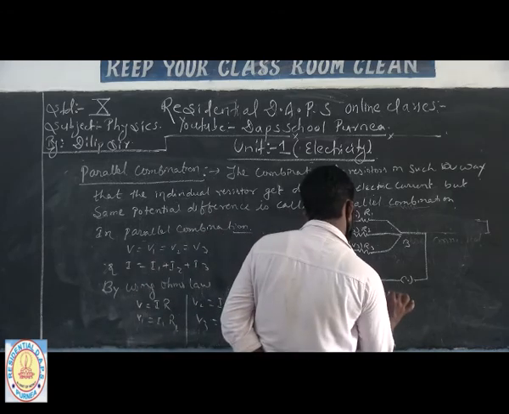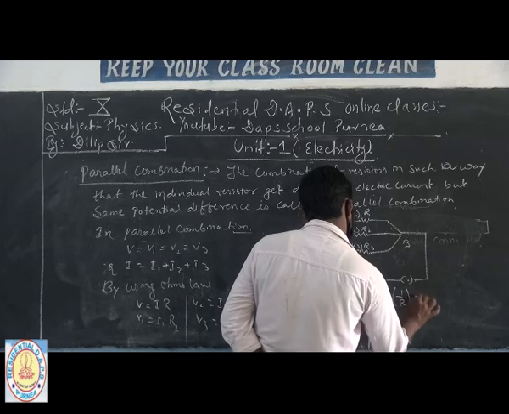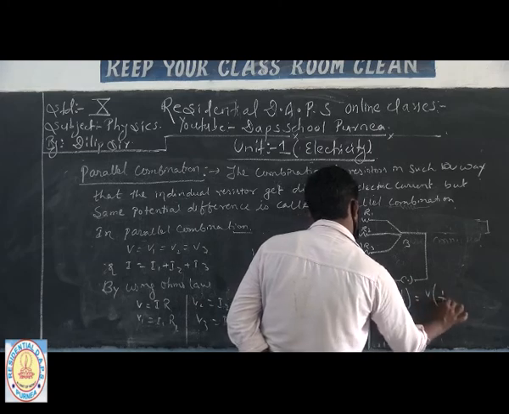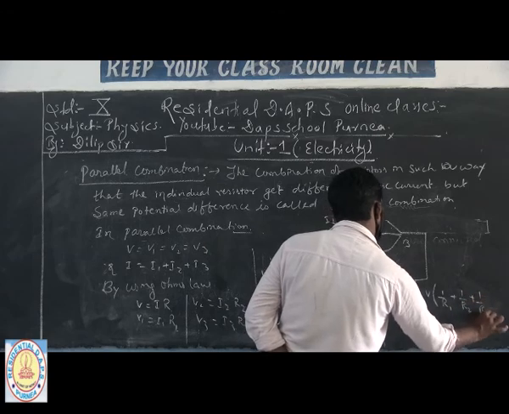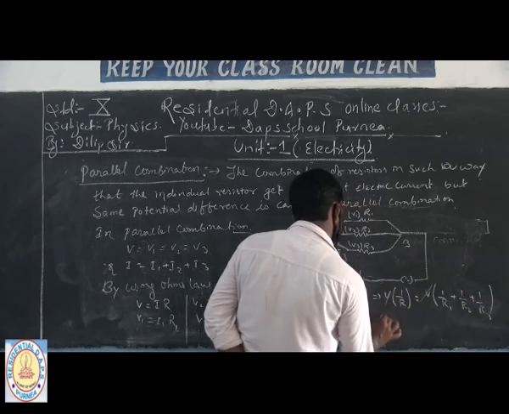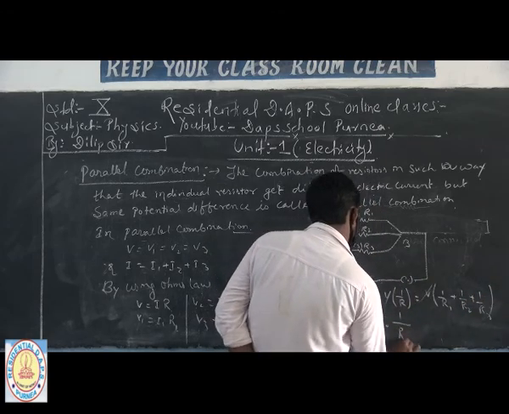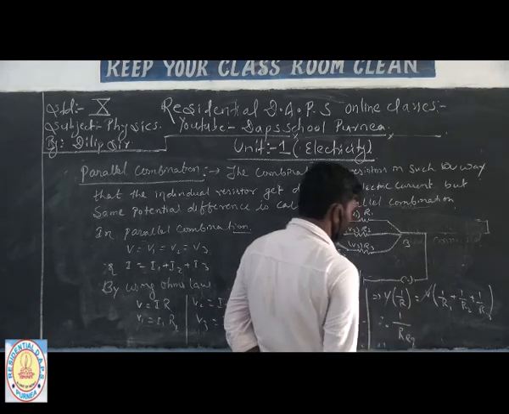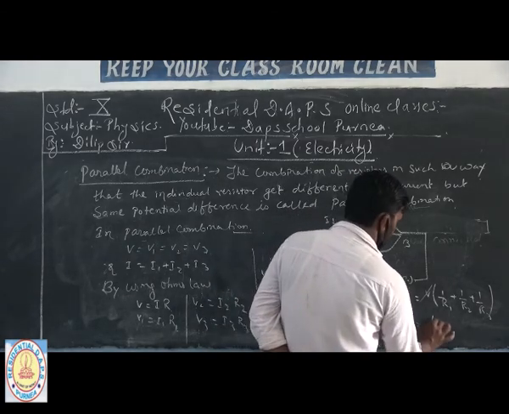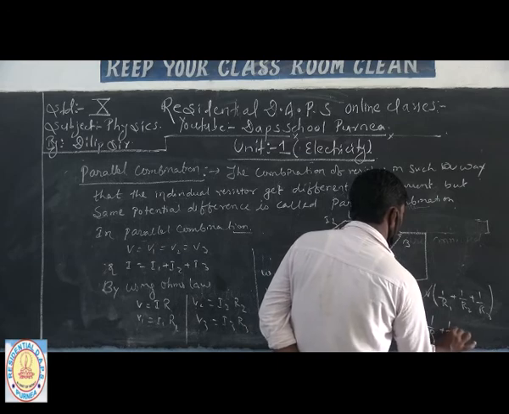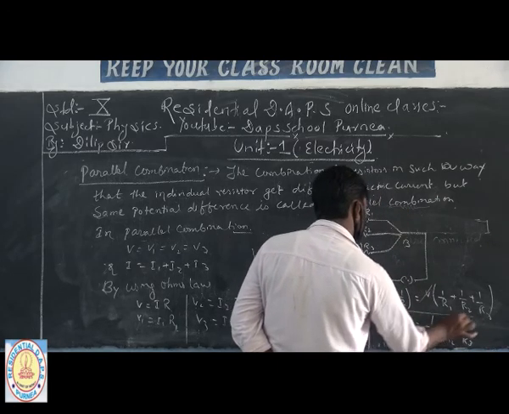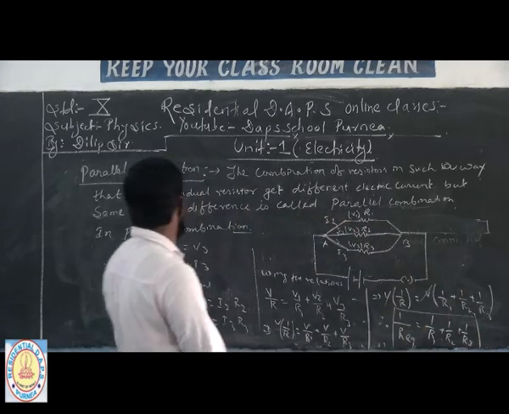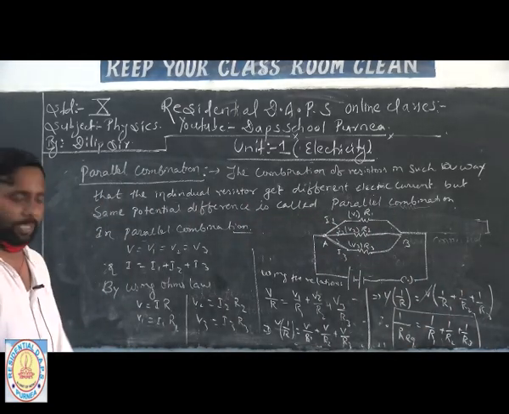This implies V is taken as common on this side also: 1 by R1 plus 1 by R2 plus 1 by R3. V cancels, therefore we get the expression for the equivalent resistance: 1 by R equals 1 by R1 plus 1 by R2 plus 1 by R3. This completes the parallel combination.